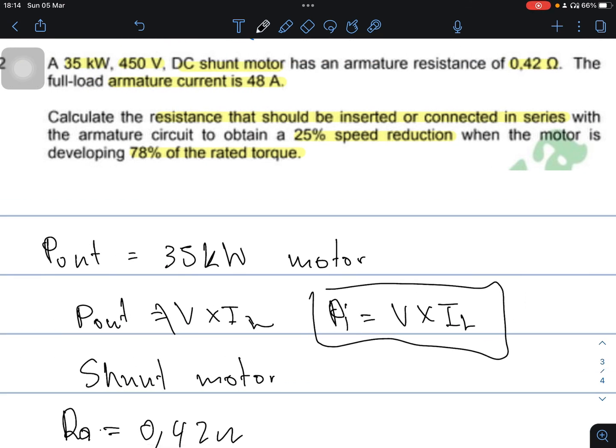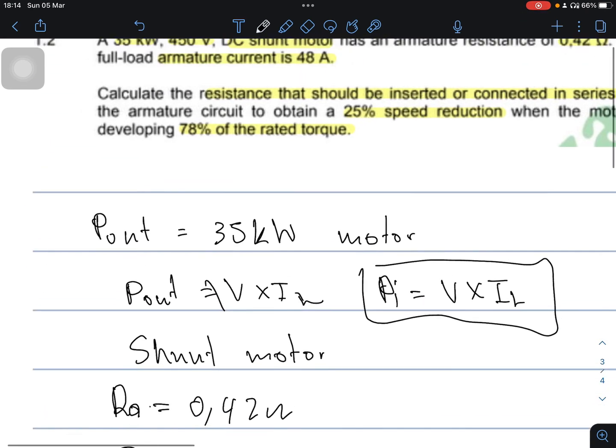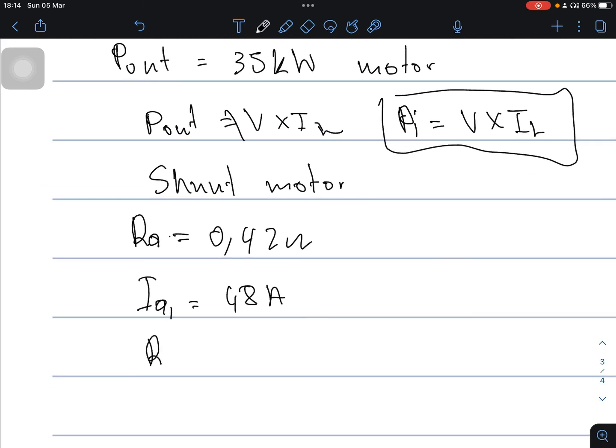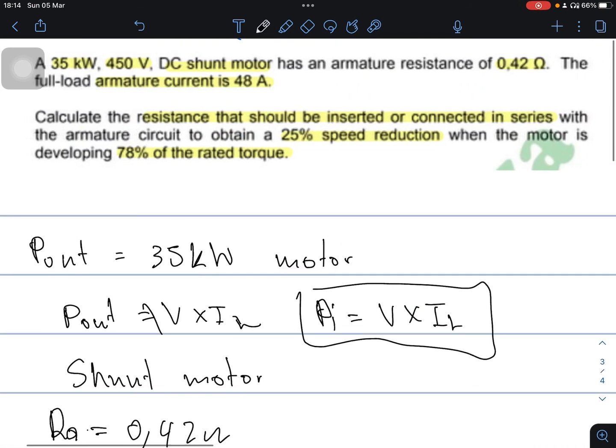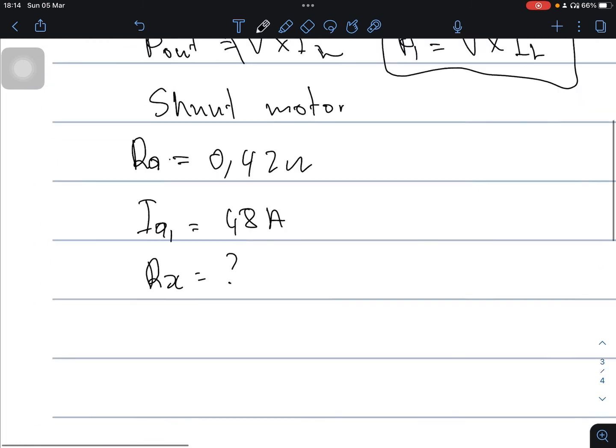The full load armature current is 48 amps, so IA1 is 48 amps. Then we will calculate the resistance that must be connected in series, let's call it Rx, with the armature circuit to obtain a 25% speed reduction.